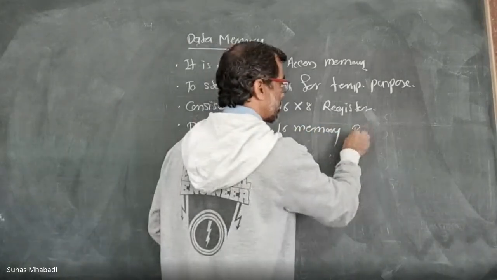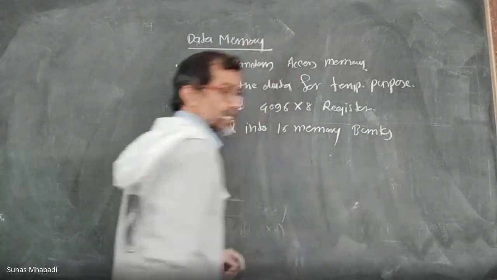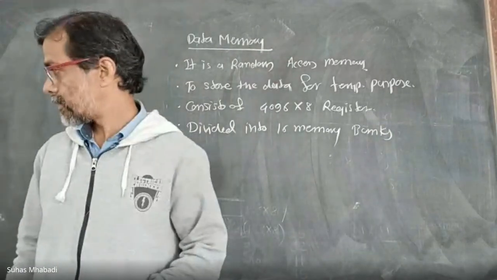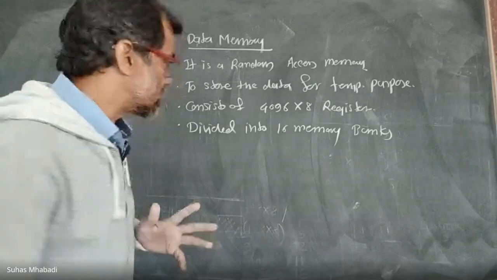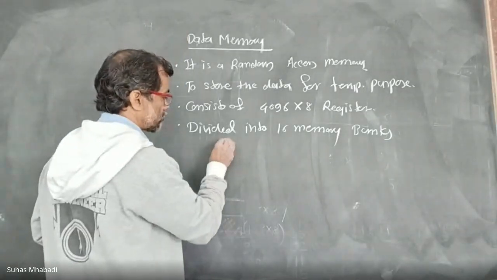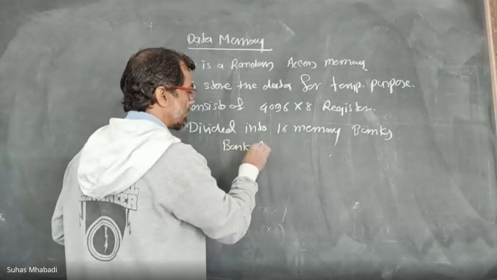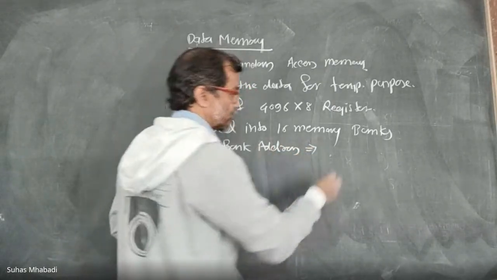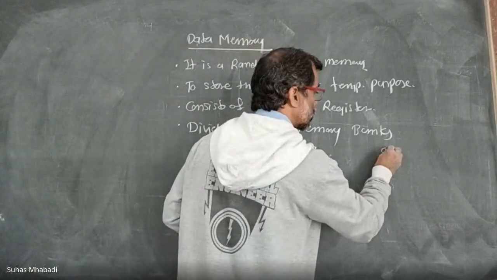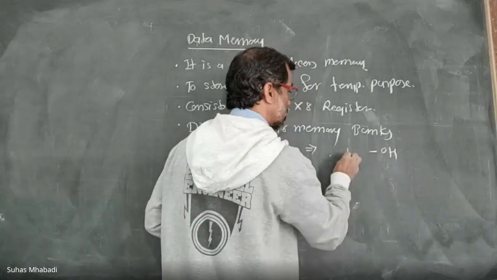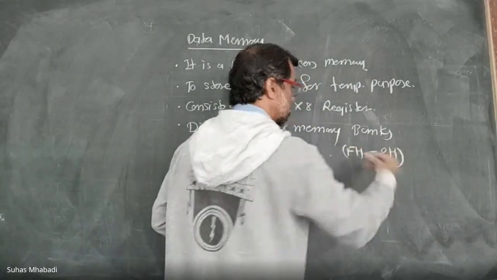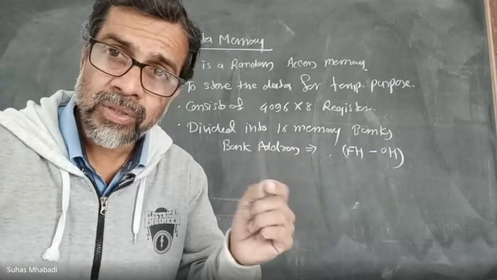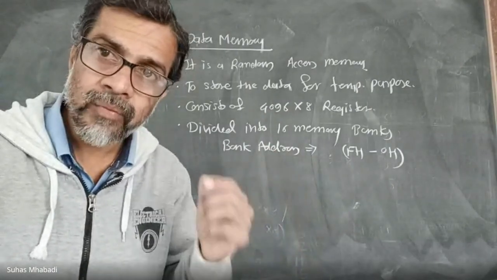In memory, banks. The first bank address is 0H to FH. The first bank is 0H, in binary 0000, and F means 1111 in binary.